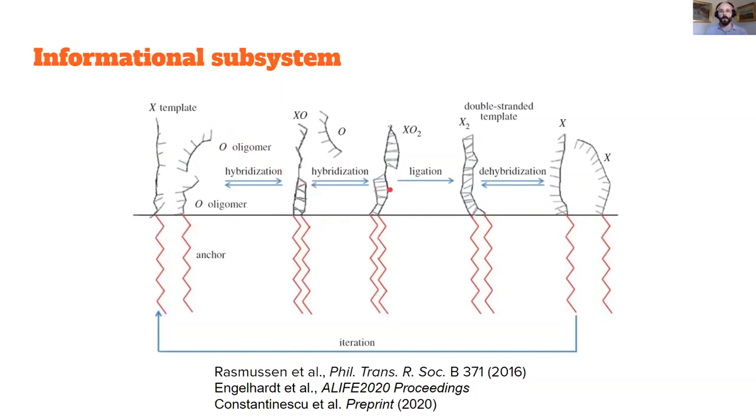And after the hybridization, they are ligated together, so they connect. And thereafter, they will dehybridize, or rather dissociate, and allow for a new replication iteration to occur.